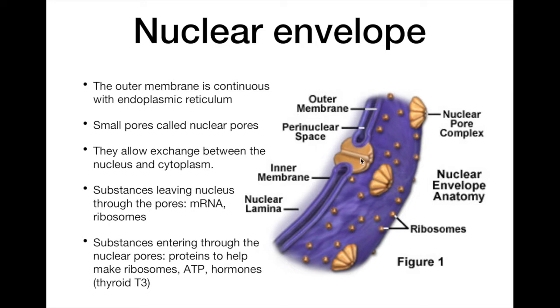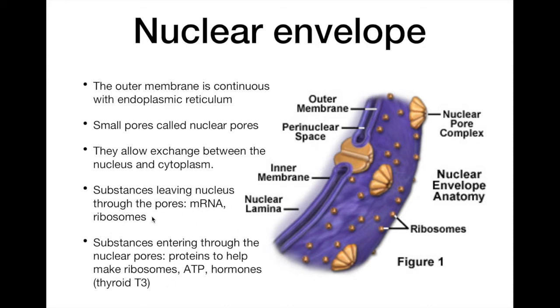There are proteins in those holes that block them and control which substances can go in and out. They don't allow many substances to pass through, only very specific ones. Examples are mRNA and ribosomes.